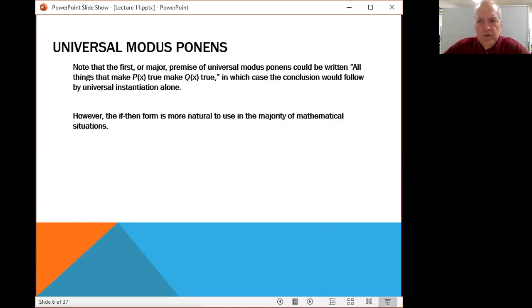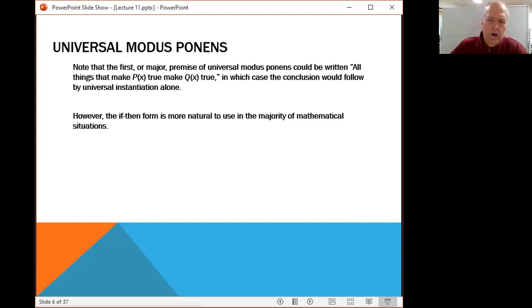So the first or major premise is written: all things that make p of x true also make q of x true. And so then we have an instantiation as the minor premise. Well, p is true for this one element a, and then we can say, well, then q is true for that element a as well.